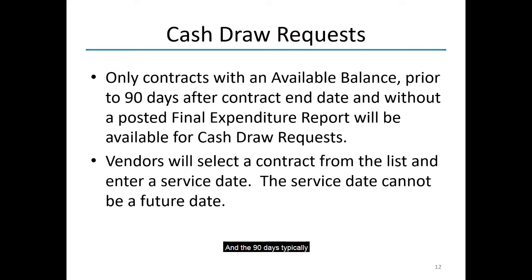Typically the system is going to initiate a final which is due 60 days after the end of the contract period. The reason that 90 days is even more of a constraint is that that's when POs are basically cleaned up from our accounting system perspective, and so we're unable to, in some cases, reflect those changes directly to the PO.